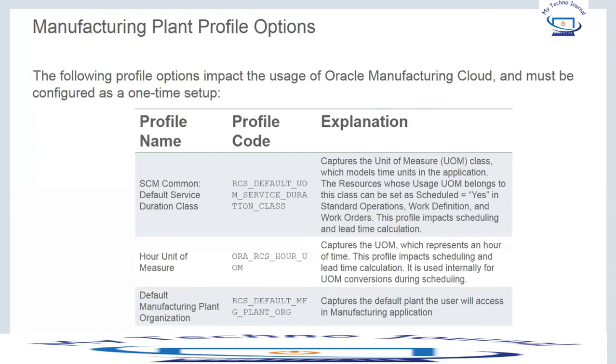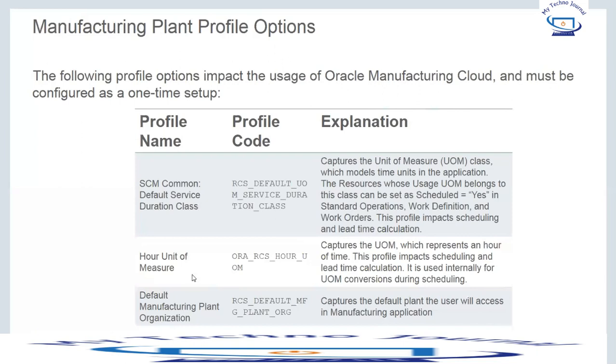The hour unit of measure profile option must be set at site level. HR, the hour. It is used internally by the unconstrained scheduling engine to convert the resource usage to equivalent real world time, and the hour should be within the class set by the default service duration class profile option to allow scheduling and lead time calculations.